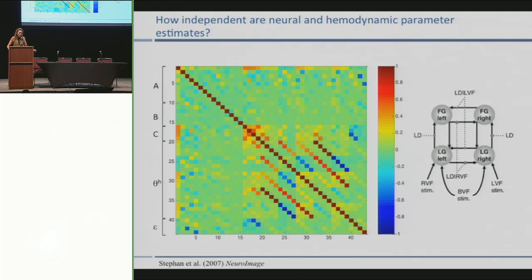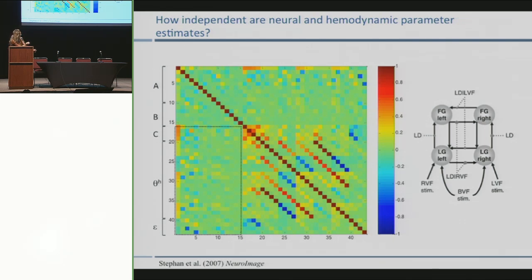And essentially, the important thing here to note is that the hemodynamic parameters are listed here from 15 to 45. Whereas the really key neuronal parameters, which we're often interested in reporting and testing, are shown up here in the top left-hand corner. And you can see that the co-explained covariance amongst the hemodynamic and the neuronal parameters is quite low.